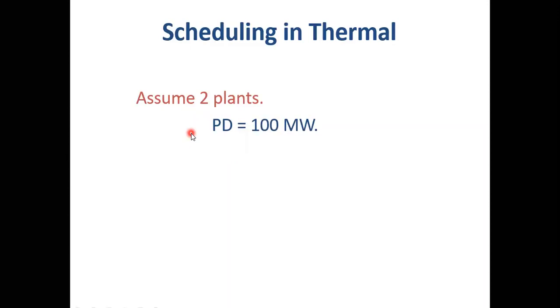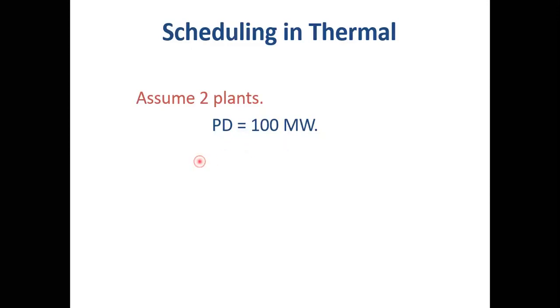Let us assume your demand is equal to 100 megawatts. We are taking two power plants, but the demand is 100 megawatts, meaning the total generation must equal 100 megawatts. That means P1 plus P2 is equal to 100 megawatts.